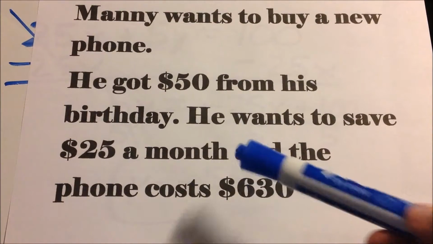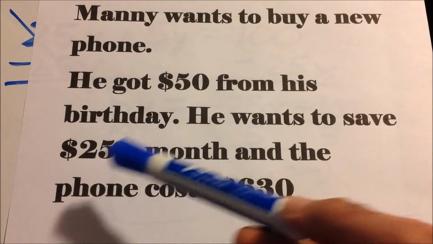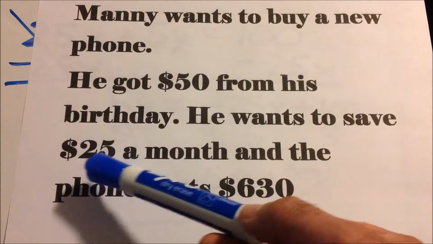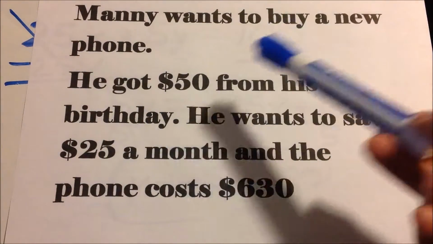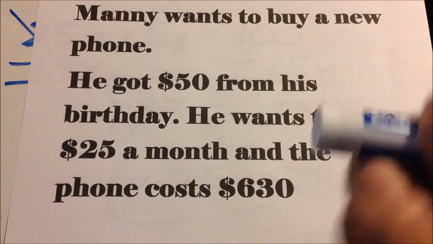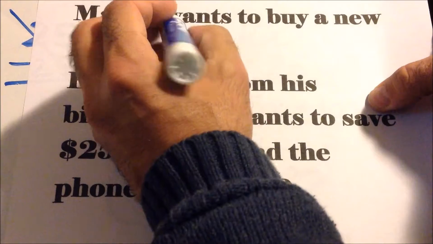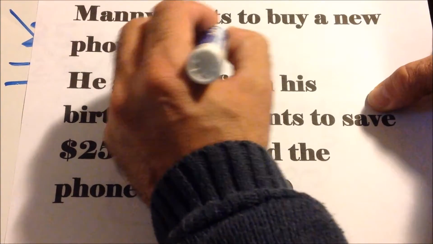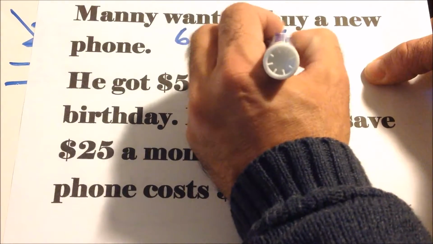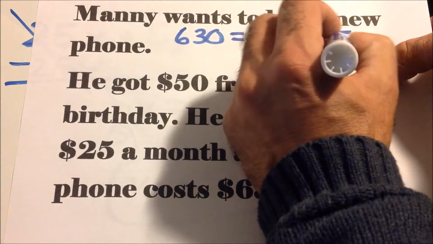The x is the amount of months. $25 is the rate, the slope. Remember, the rate and the slope are the same. The initial amount is $50. So if we wanted to make an equation, we know that $630, that's what we want to get, equals $25x plus 50.